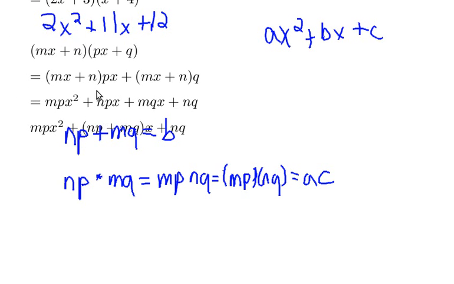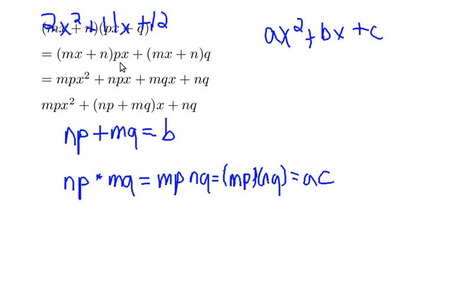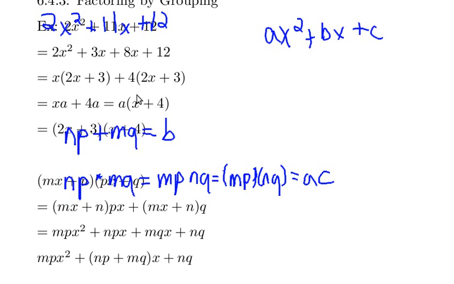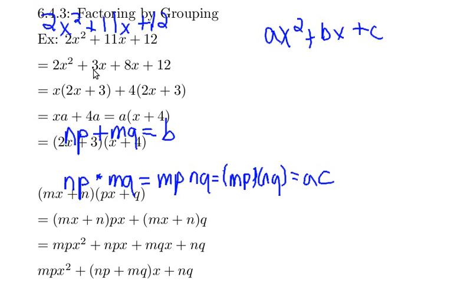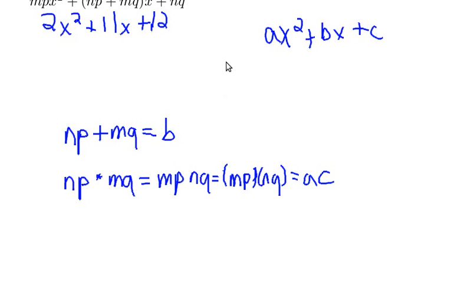Remember, the reason why is because we want to find npx plus mqx. That is necessary to do the factoring by grouping. Like here's the np, 3 is np in this case, and mq is 8. So let's get rid of that because we don't need it. But so now we want to find out what two numbers multiply to make ac and add to make b.